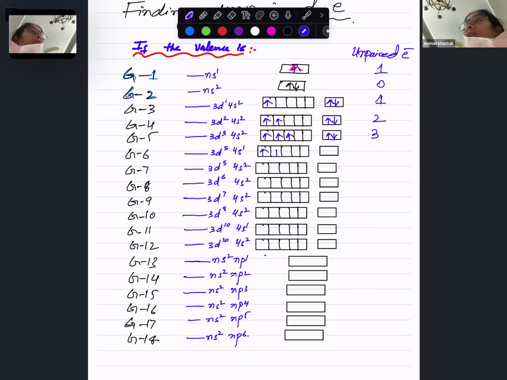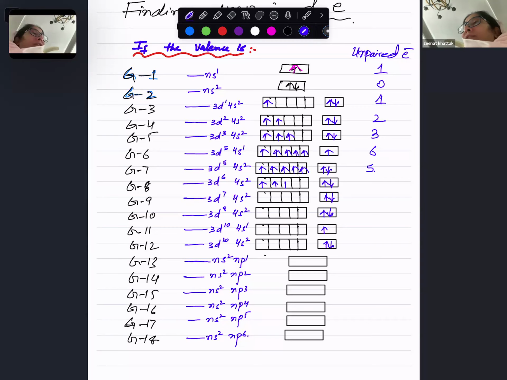If it is D5 and S1, 6 unpaired. They're all S2. Now in copper, only it's S1. This is also D5, S2, 5 unpaired.